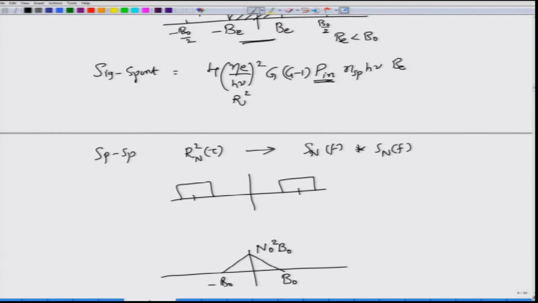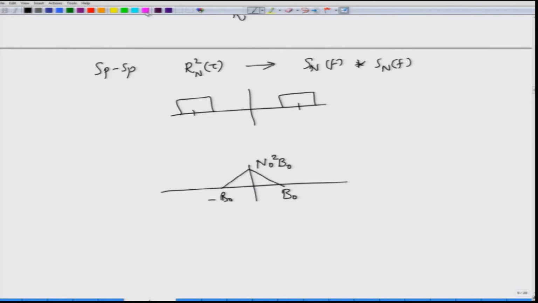and the amplitude here is N0 square B0. And now you are looking again at the power that is contained within this bandwidth, which is minus BE to plus BE. To find out this area under the curve, you have to do some integration, which I will leave as an exercise, to give you the spontaneous noise term, which is given by 2 eta E by h nu whole square N0 square B0 BE minus BE square by 2.